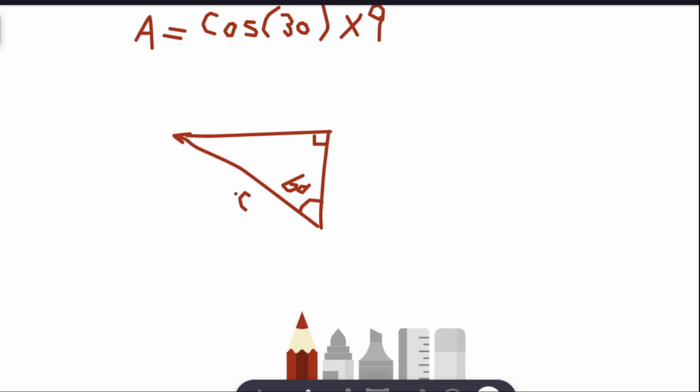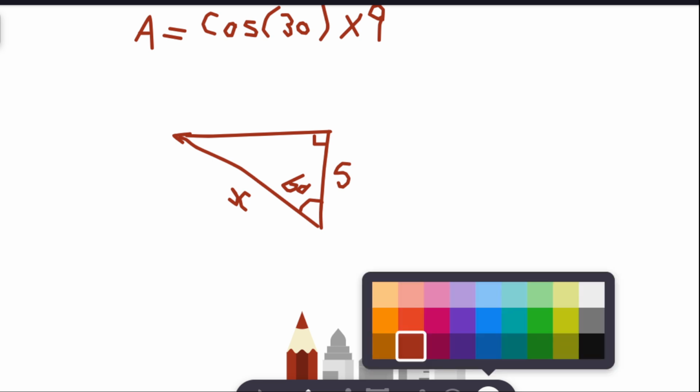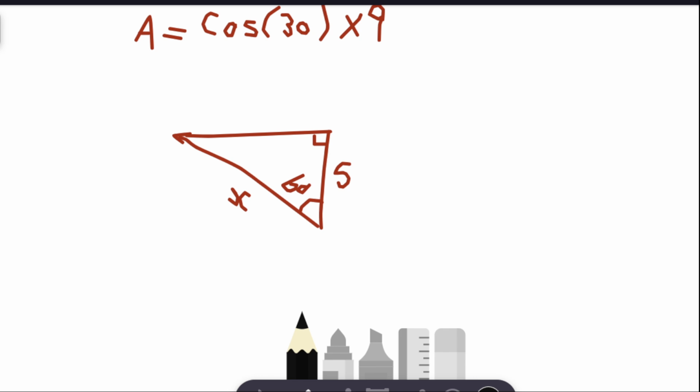So this is x now, and this is 5, and you want x. The first thing is, we need to know what we have. So this side is obviously part of 60, part of the angle itself, so this is adjacent. And this side is opposite to the right angle, so this is the hypotenuse.